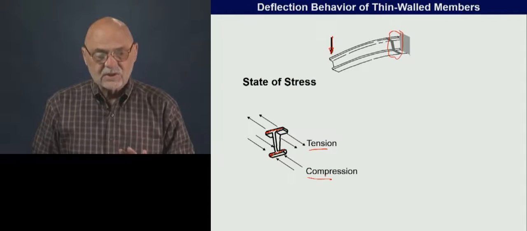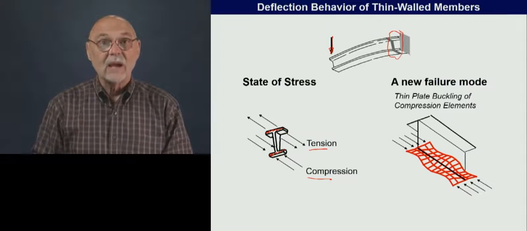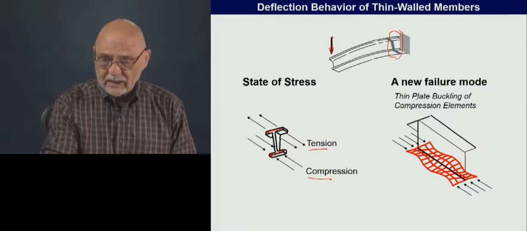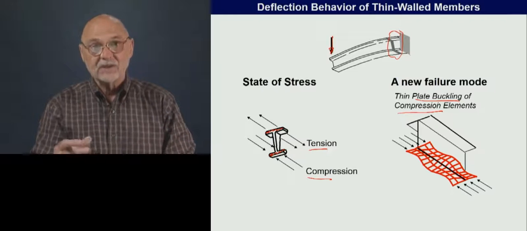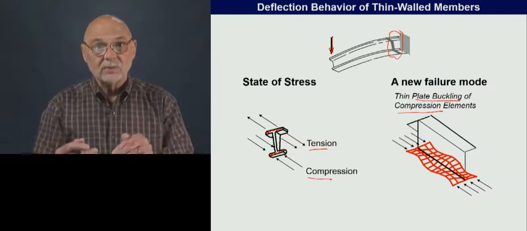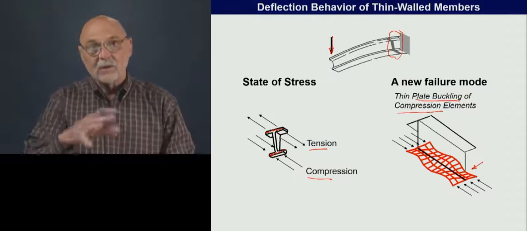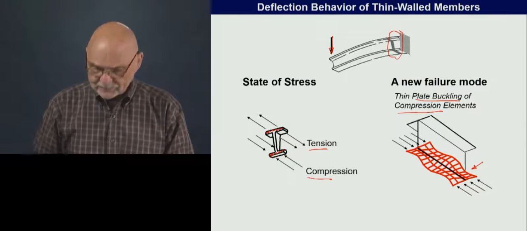And what we're going to see in thin wall design is a new failure mode, and that is thin plate buckling of the compression elements. Whenever we have a section that's thin walled, made of plates, and those plates are in compression, it can buckle by going into this kind of wavy shape. And we have to contend with that.